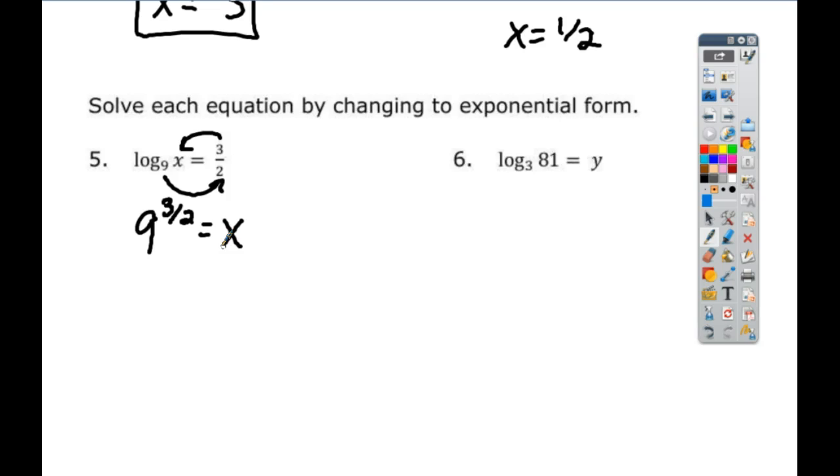You can type that in your calculator, but what is the square root of 9? 3, to the 3rd power. So x is 27. So this isn't divide, it's the square root. And this is to the 3rd power.